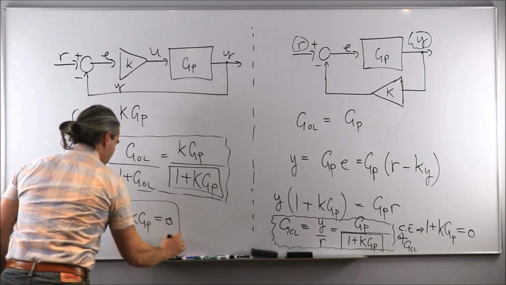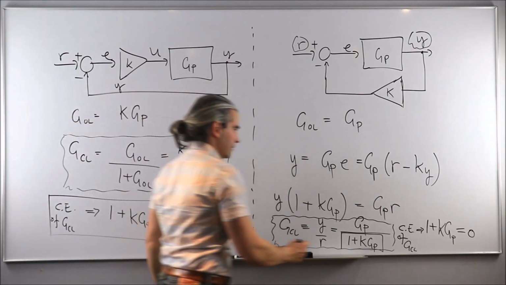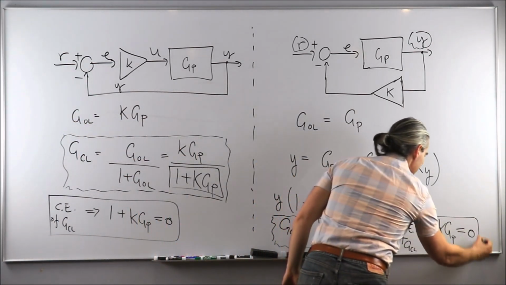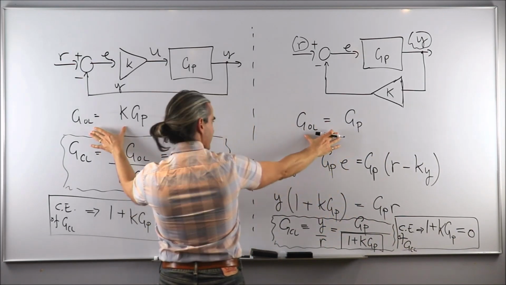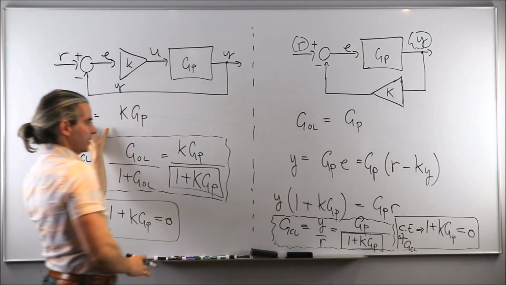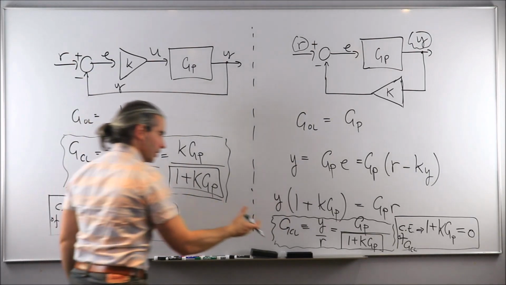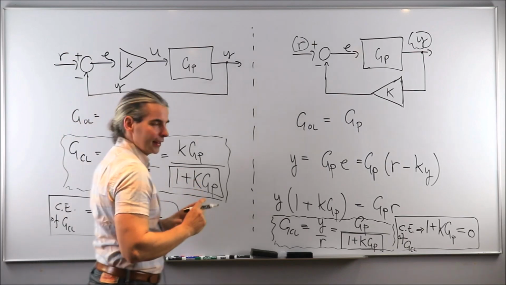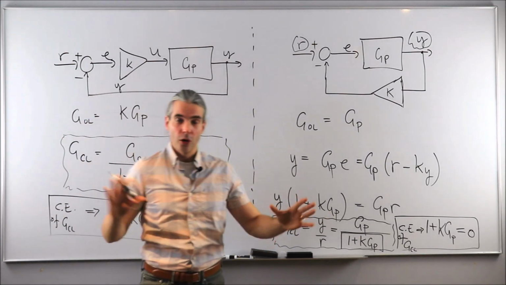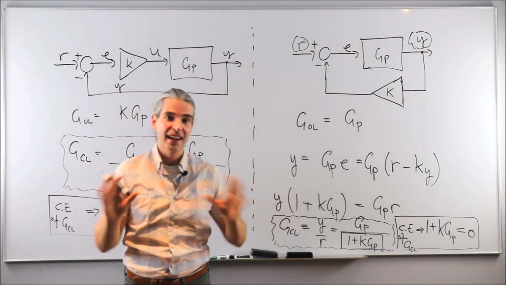And this is like magic, right? Because although the open loop transfer functions are different, compare this to that, they're not the same. And although the closed loop transfer functions were also different, it turns out that the denominators of both closed loop transfer functions are exactly the same.